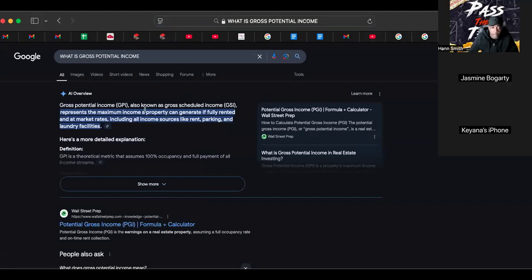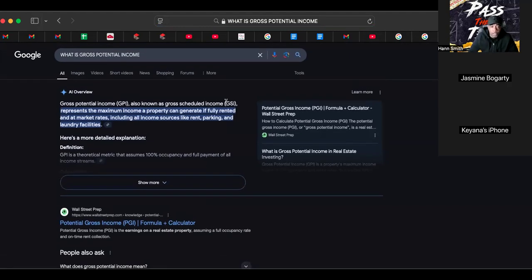Gross potential income is also known as gross scheduled income. It represents the maximum income a property can generate if fully rented at market rates, including all income sources like rent, parking, and laundry facilities. Parking would be another income-producing thing. If you're charging for parking and all that stuff, it has to be added in to get the gross potential income, right?